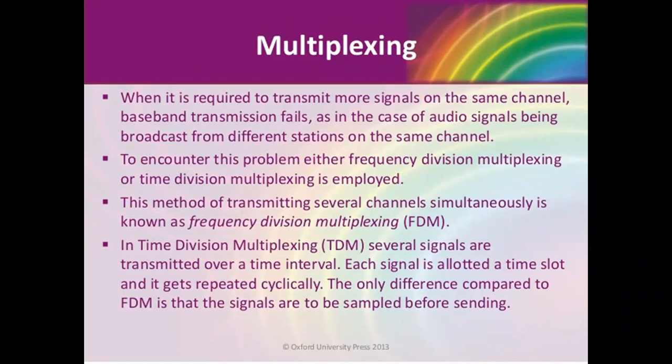When it is required to transmit more signals on the same channel, baseband transmission fails. In baseband transmission only a single signal is transmitted, not multiple. That's why you require a modulation.